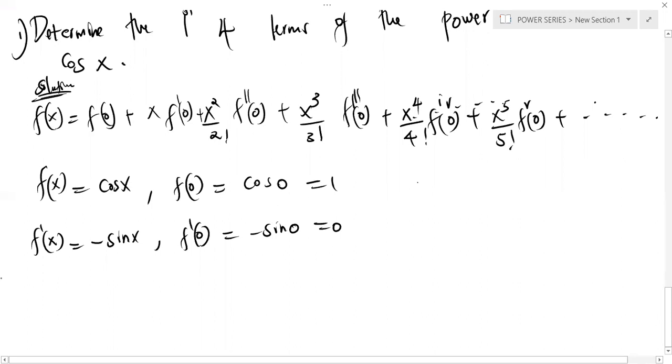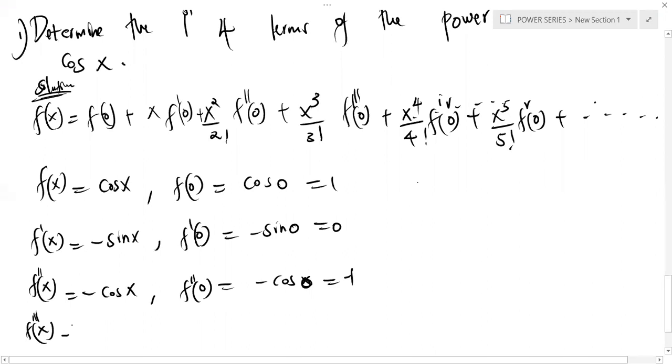Now, what is f second prime? The second derivative, if we differentiate minus sine x, will give us minus cos x. And f second prime of 0, if we replace 0 here, that is minus cos 0, and that will be minus 1. Okay, the third derivative, differentiating minus cos x, will give us positive sine x, and if we replace 0, that will just give us a 0.